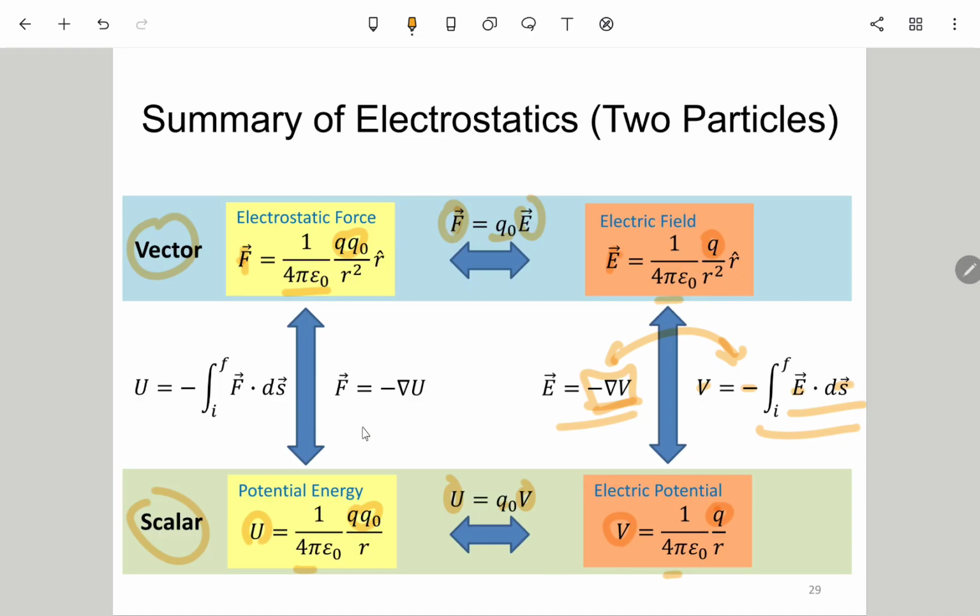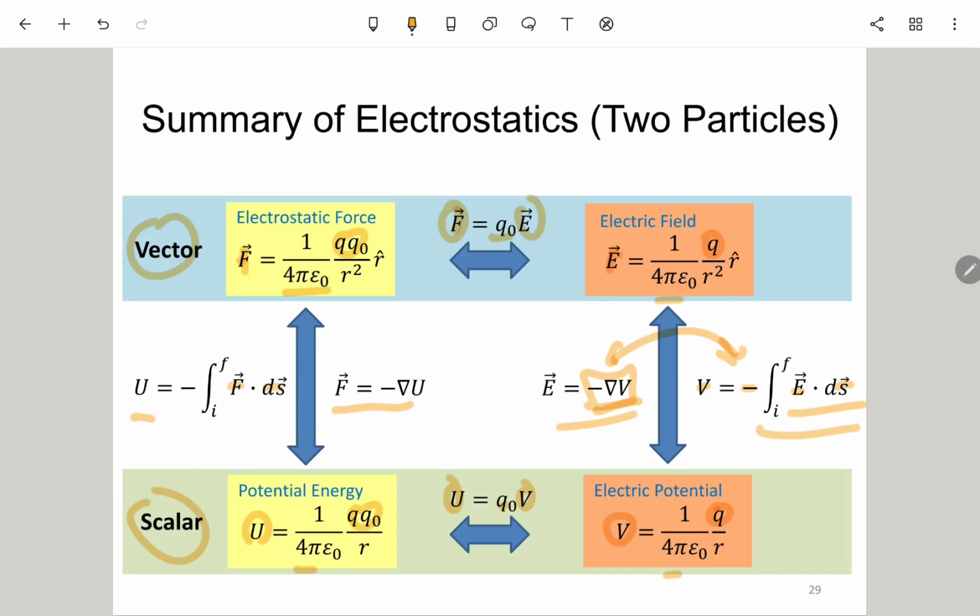Similarly, the force and potential energy have a similar expression. F dot ds is the work done, so taking the minus sign gives the potential energy. Or inversely, the force is the negative gradient of the potential energy.